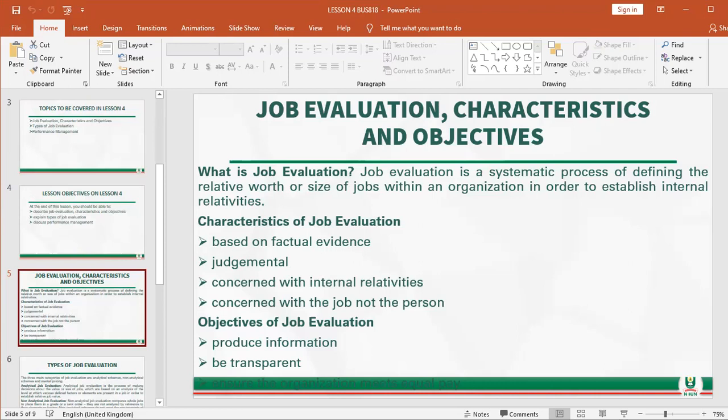When you say something is factual, it's a fact. For instance, the jobs of doctors are more taxing, very rigorous, and they put their lives on the line. So it's a fact. You cannot come to say, oh, they don't do much.